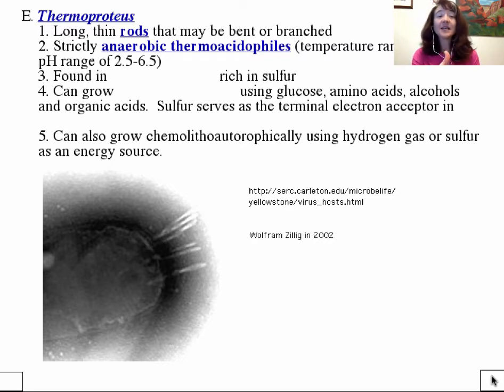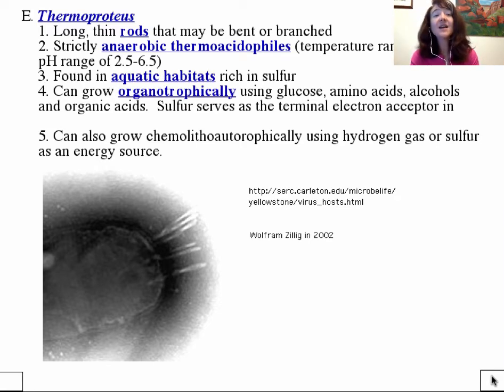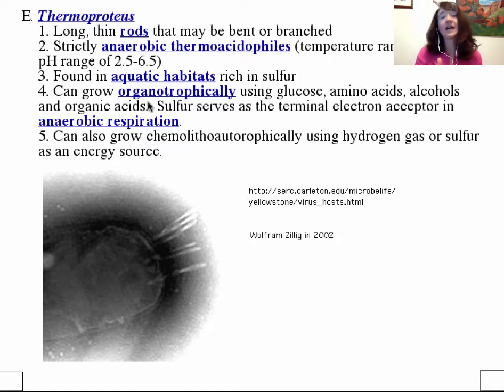The sulfuric acid that is made by Sulfolobus is like, woohoo, my terminal electron acceptor, and they utilize that to grow using anaerobic respiration. So their donuts are more like our donuts. That is, they're chemoorganoheterotrophs. They're eating organic compounds. But then they're using the sulfuric acid leftovers from the Sulfolobus as their terminal electron acceptor to respire anaerobically.